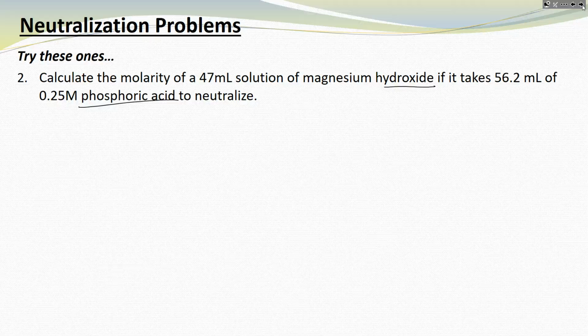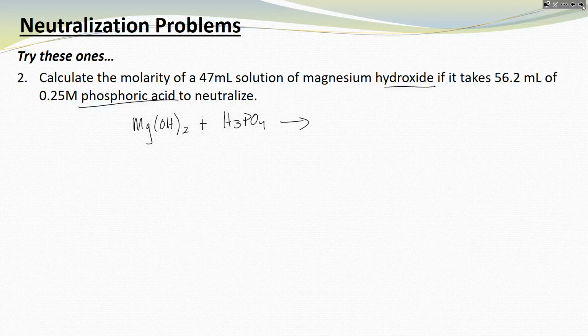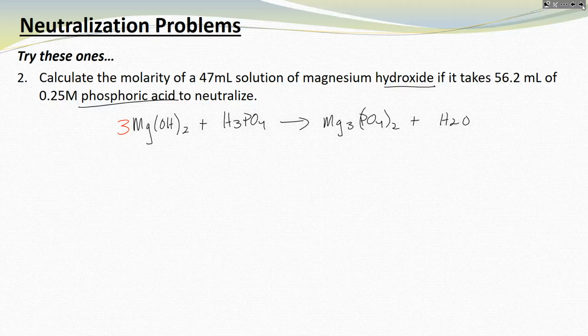So this is what the reaction would look like. You have MgOH2 reacting with phosphoric acid, which is H3PO4, and you're going to make Mg3(PO4)2 and H2O. So we have to actually go back and balance all of this. I need 3 magnesiums there, and I need 2 phosphates there, which means I end up needing 6 waters over here.